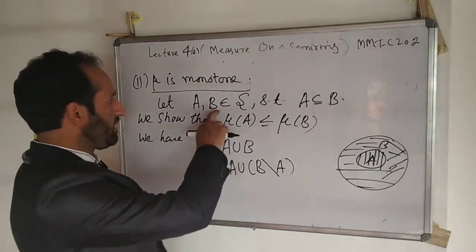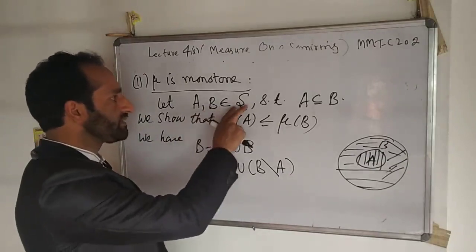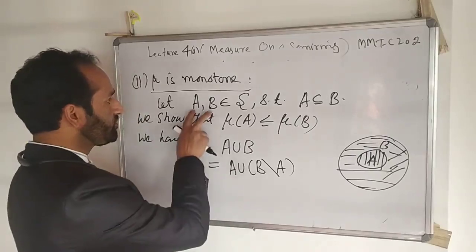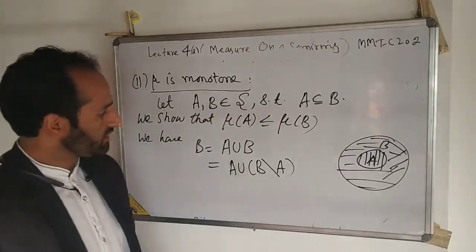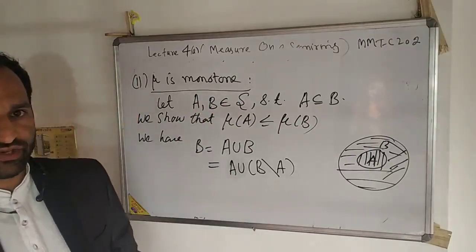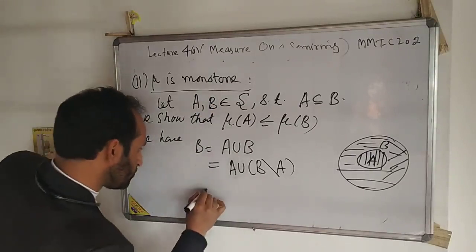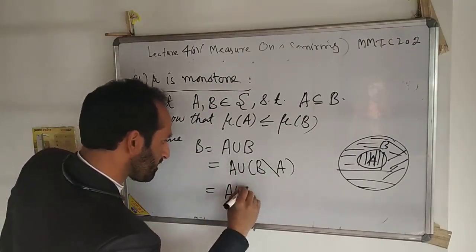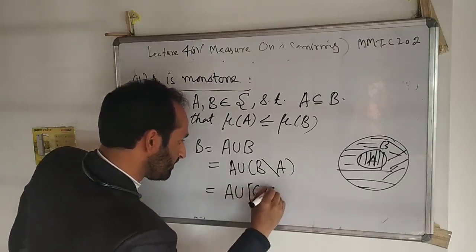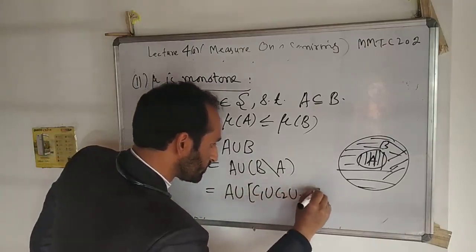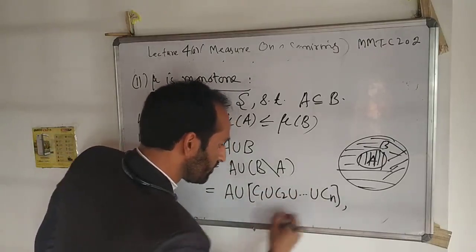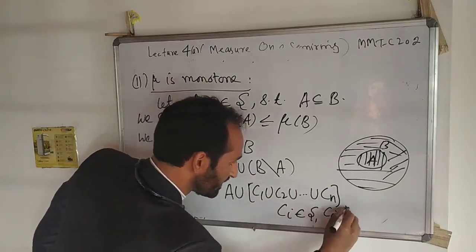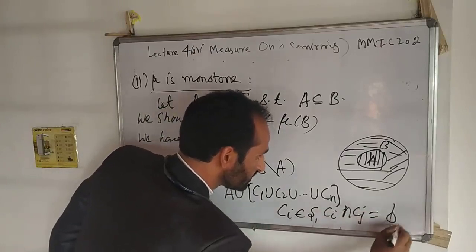Now A and B are members of S, and S is a semiring, and we know that the difference of any two members of a semiring can be written as a finite disjoint union of members of S. So this B minus A can be written as C1 union C2, and so on, union Cn, where these Ci's are members of S, and Ci intersection Cj is equal to phi.